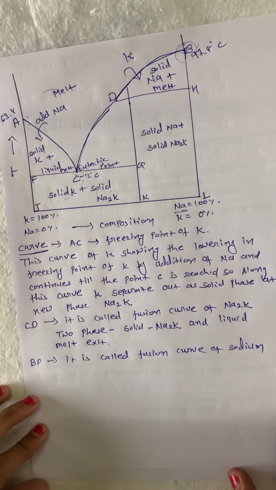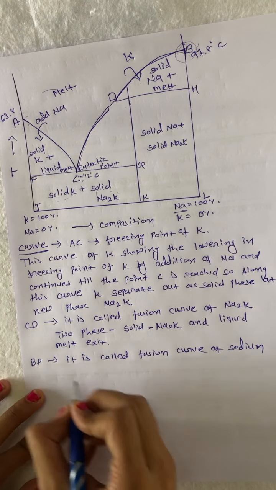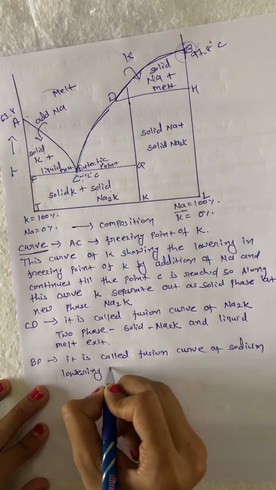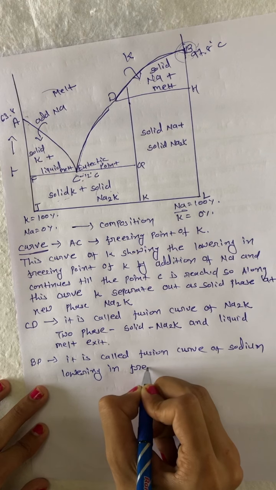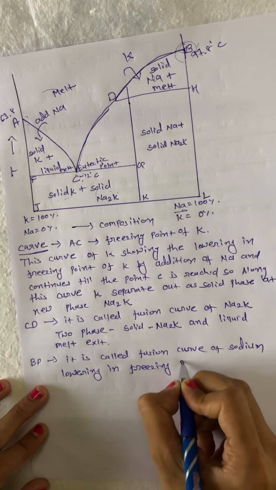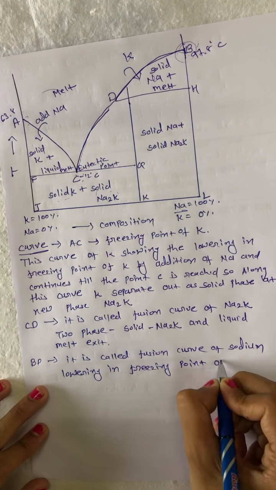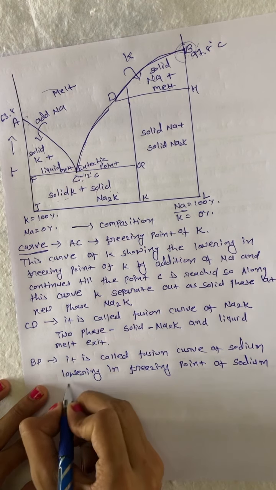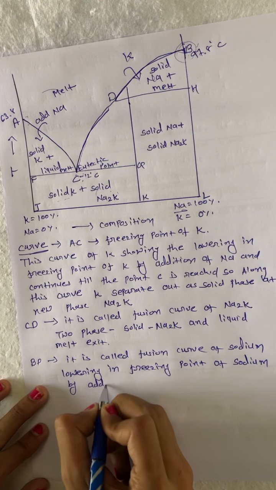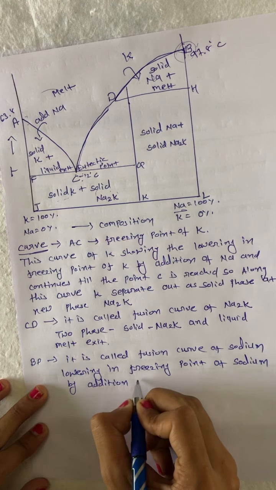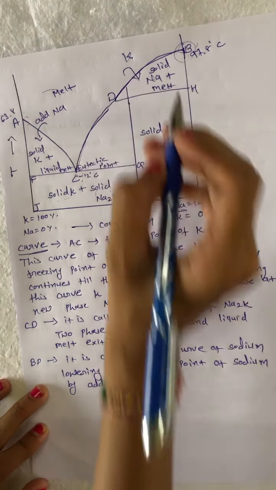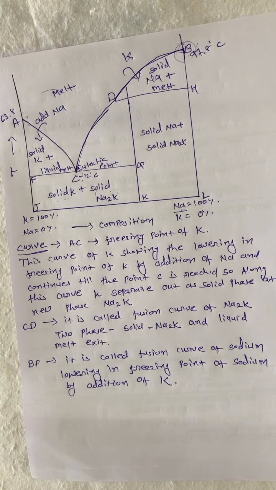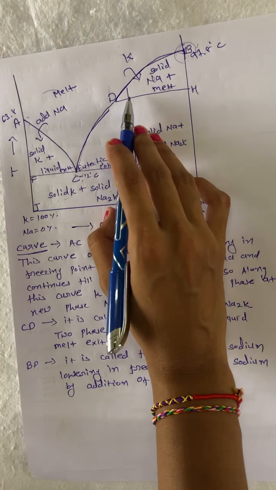So the curve shows lowering in freezing point of sodium by addition of K. Continue till the D point is reached.